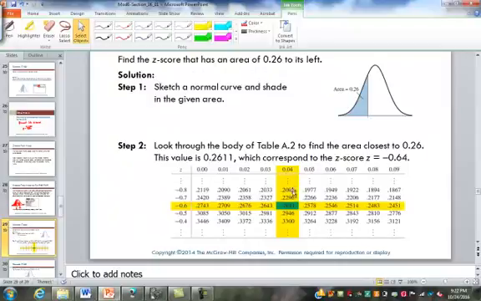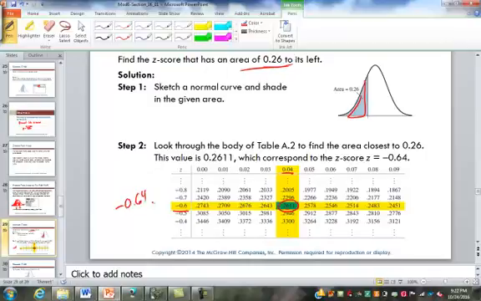And if you're using the table, you'd have to read it backwards. If you knew the probability, you have to find the value in the table that's as close to the probability as you can find. Saying if the area to the left is 0.26, you'd find that probability here. 0.2611 is the closest value to 0.26. That is negative 0.64.